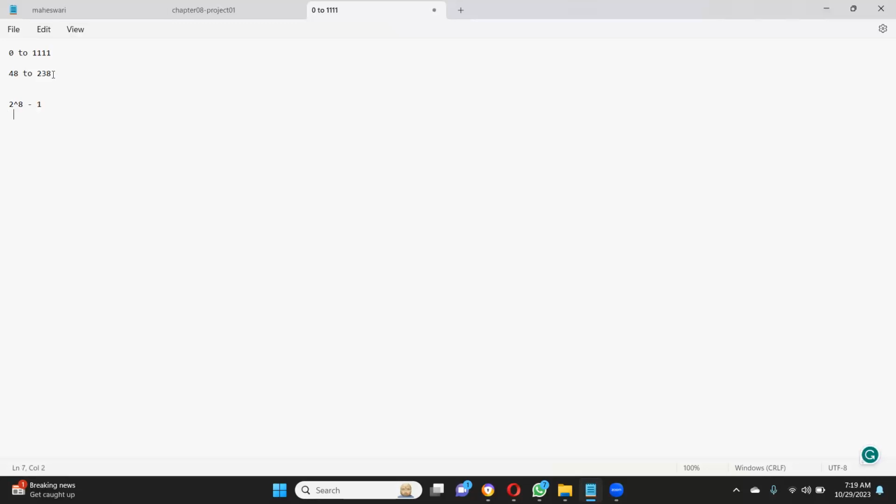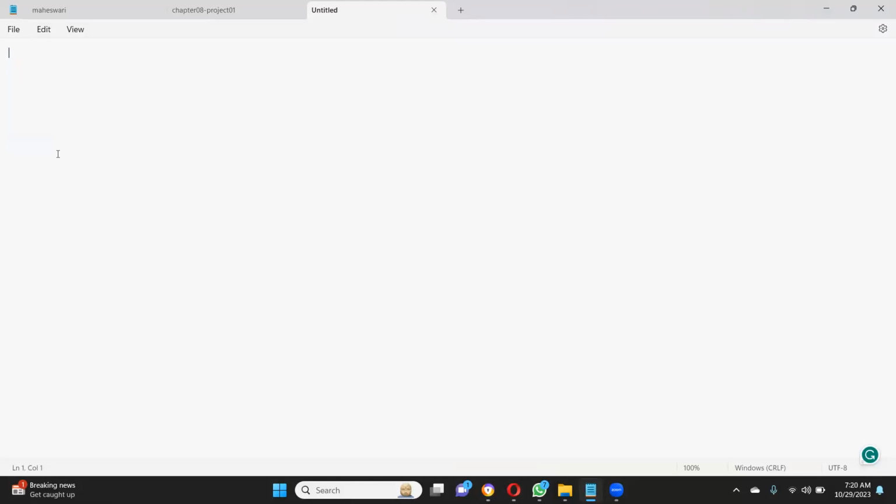Because I start from 0, right? So it's going to be 256 minus 1, 255 numbers from 0 to 255. My range, 48 to 239, is within that. So it is very much possible with an 8-bit counter.